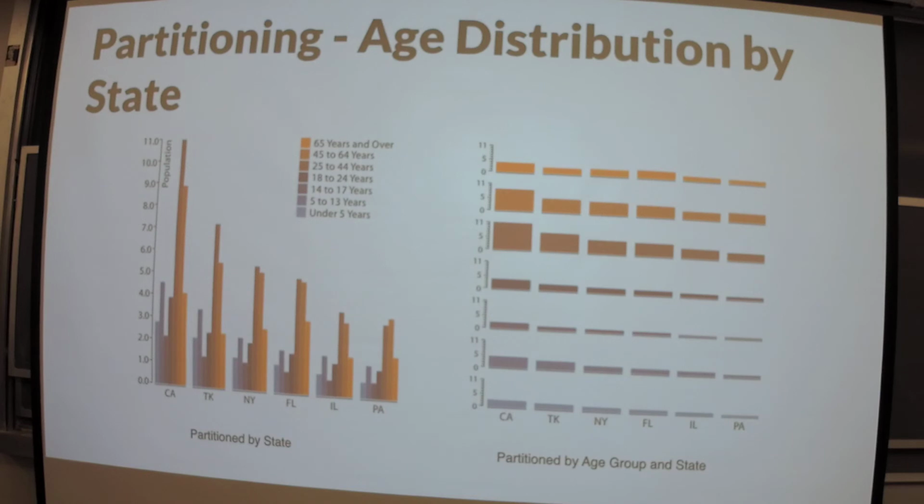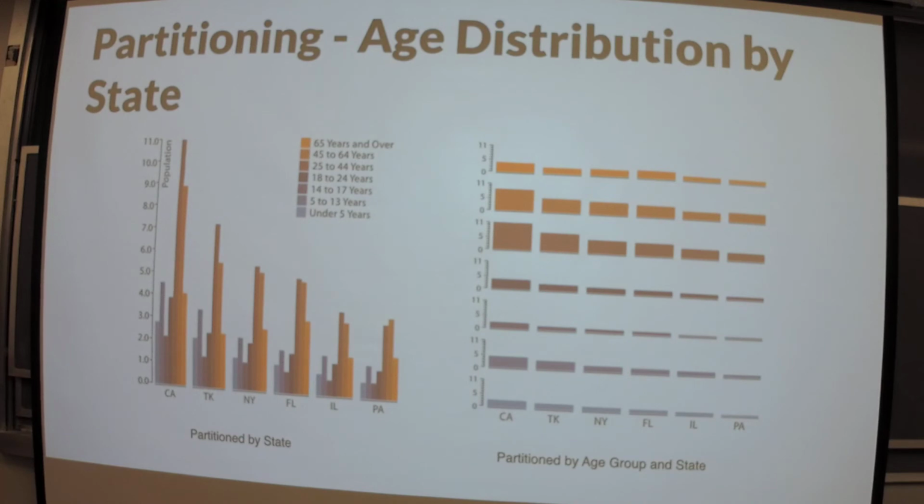But it's partitioned by state. So we have California, New York, Florida. What is TK? Wow. Maybe it's supposed to be Texas. Anyways, Illinois, Pennsylvania, here. So here, partitioned by state.